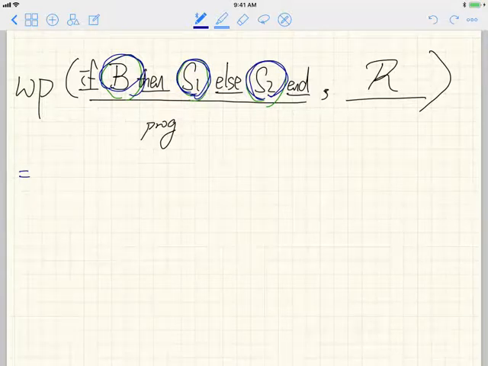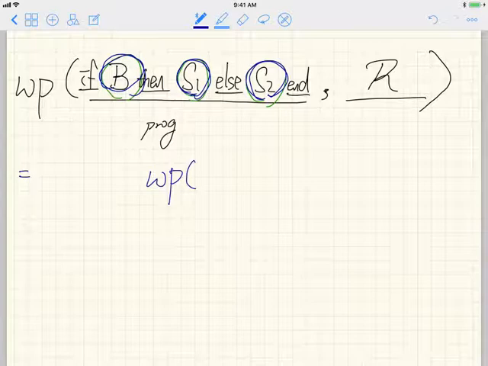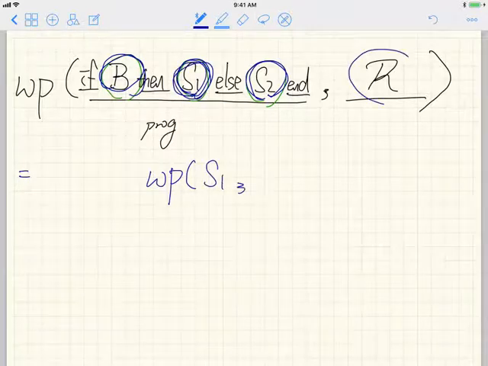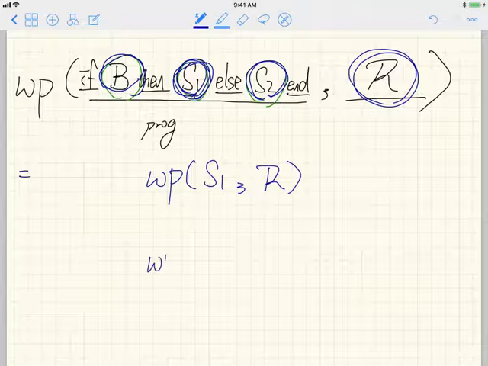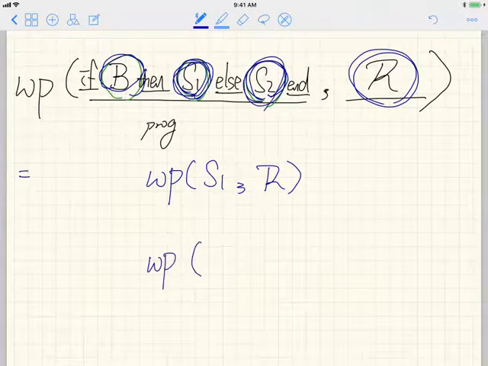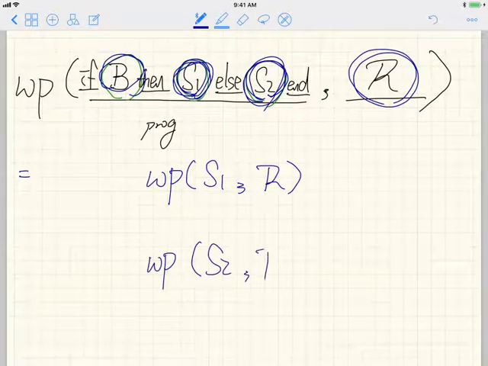First of all, I'm going to say WP for the first branch over here, S1 to establish the common postcondition R. That's one case. And then I also got another WP over here, which is for the second branch, S2 to establish R.